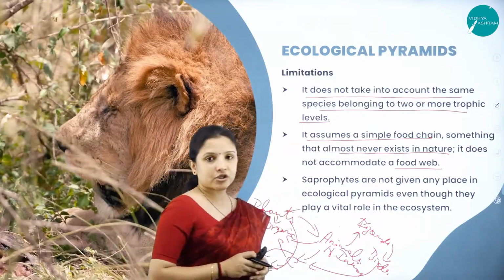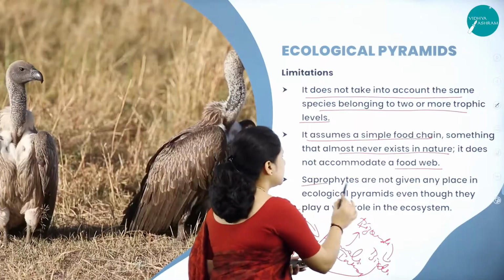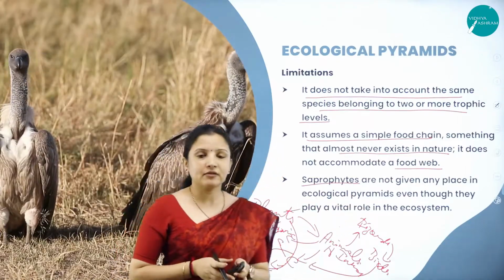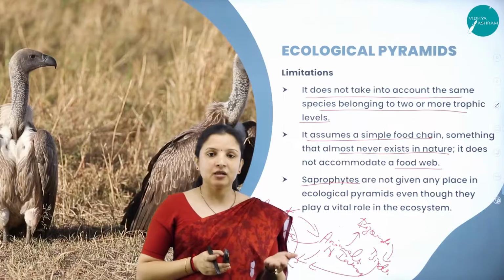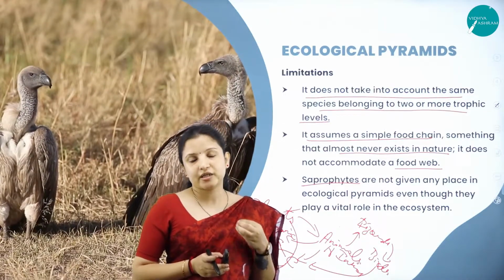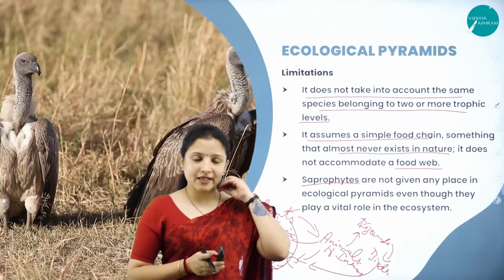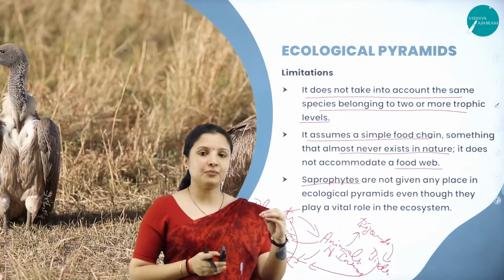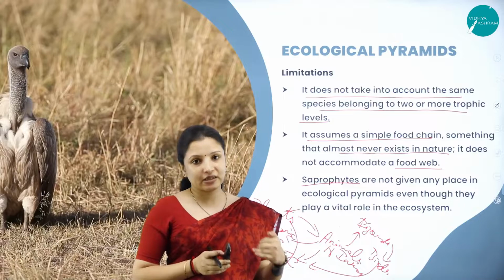And in ecological pyramids, saprophytes are not given any place at all, right? Because saprophytes are also responsible. They come under a particular trophic level, because whatever the saprophytes decompose will be utilized by the plants again.